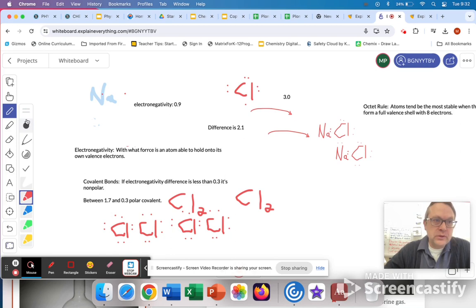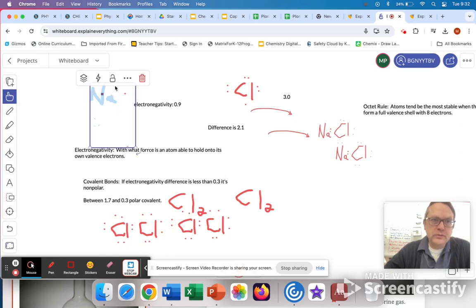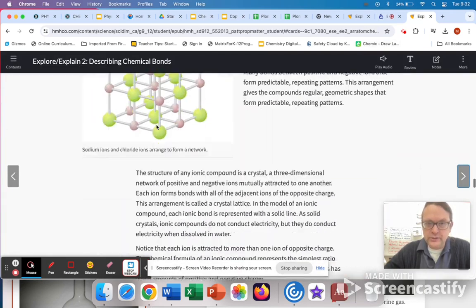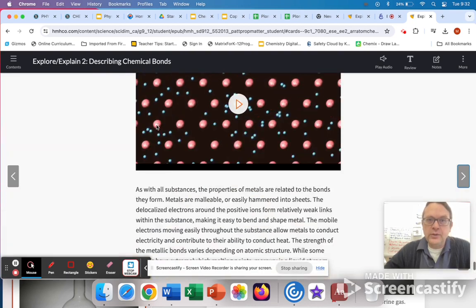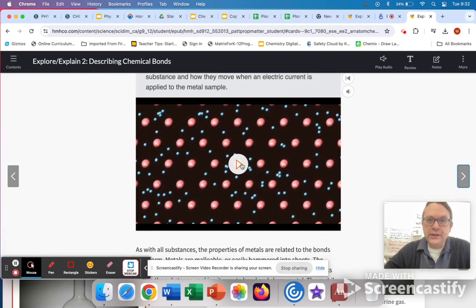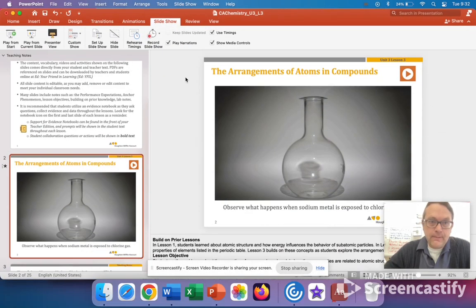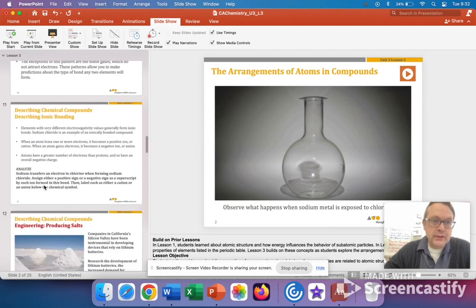So sodium metal is just like a bunch of sodium metal, and the metallic bonds look like that. And this is very reactive because of its low electronegativity, also, it explains a lot of its properties.